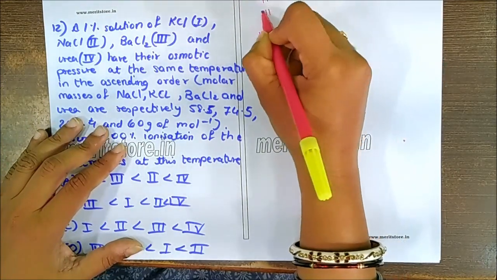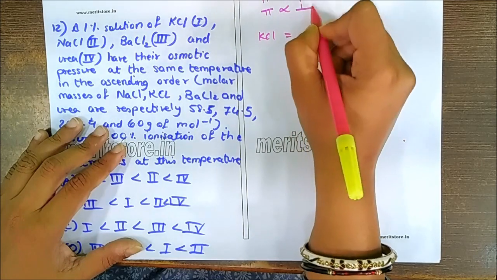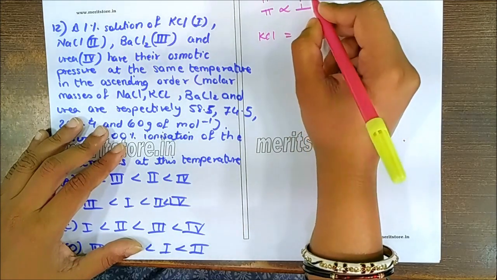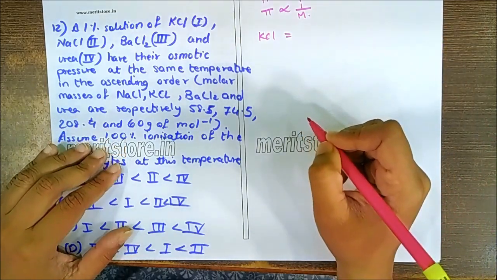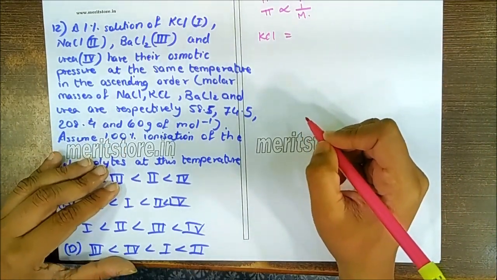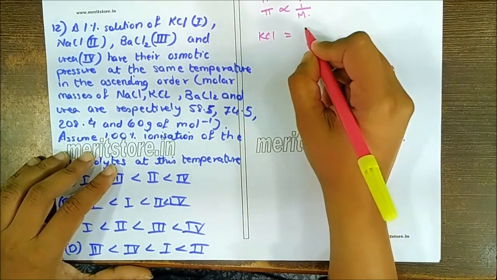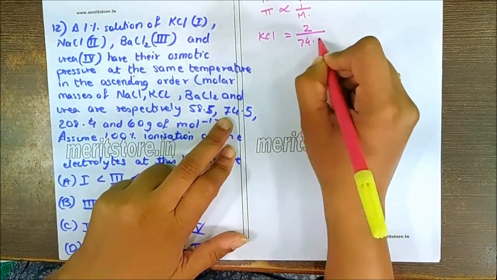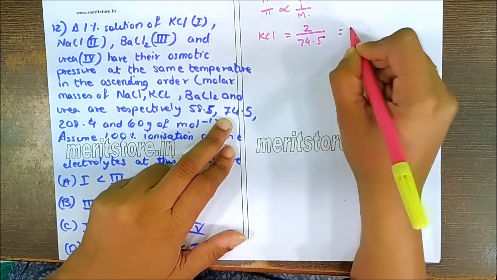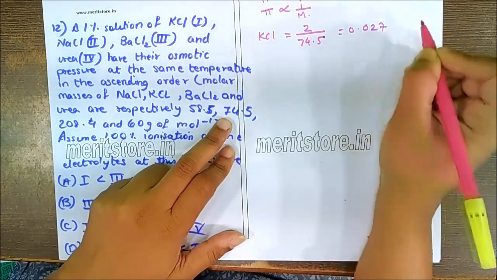But here we only have information about i divided by the concentration, that is the number of moles. Number of moles is inversely proportional to the molar mass, so pi is directly proportional to i upon M. For KCl, it's 2 upon the KCl mass, 74.5, so that comes out to be 0.027.